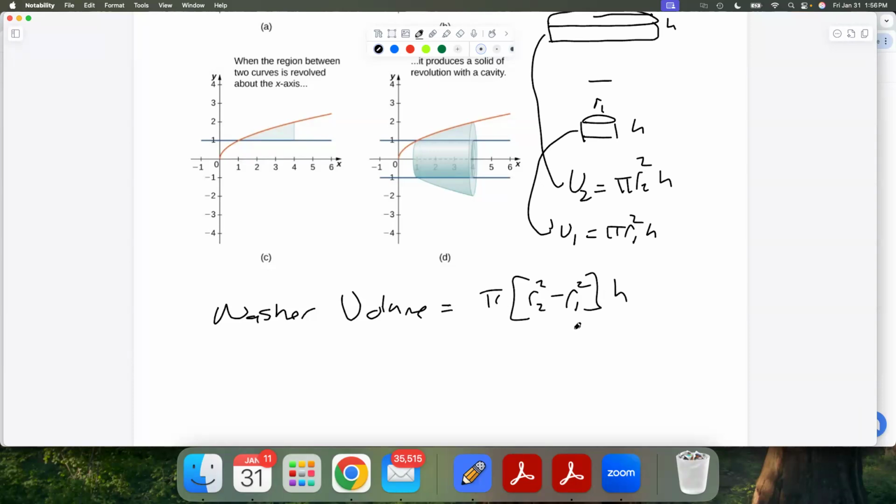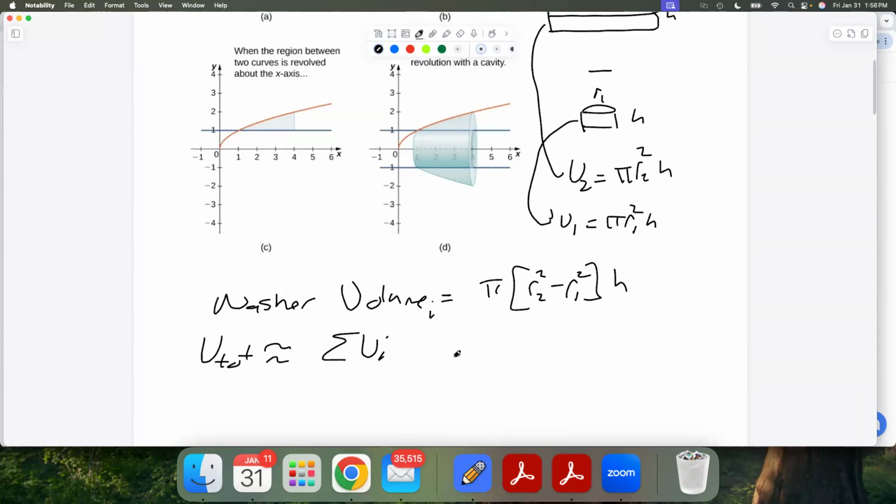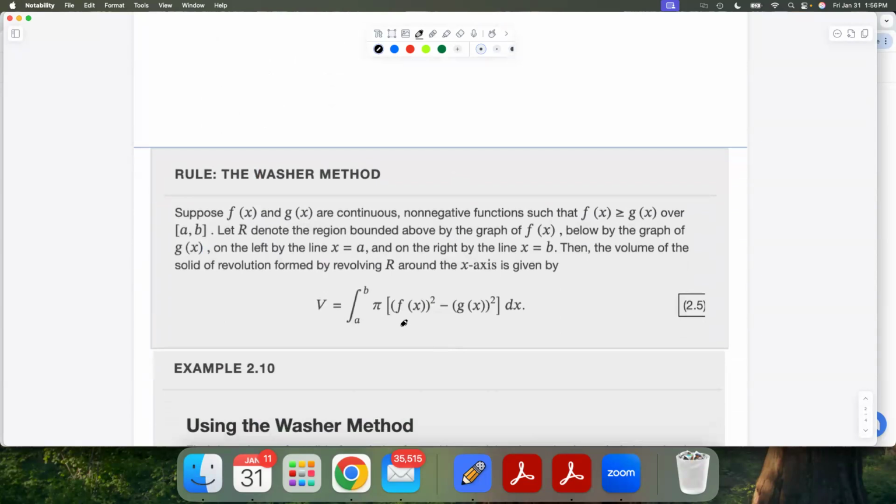And then the total volume is approximately equal to the sum of all those washers. So let's call that Vi. And then, just like always, we take the limit as H in this case goes to 0. That turns into an integral. And we end up with this formula.